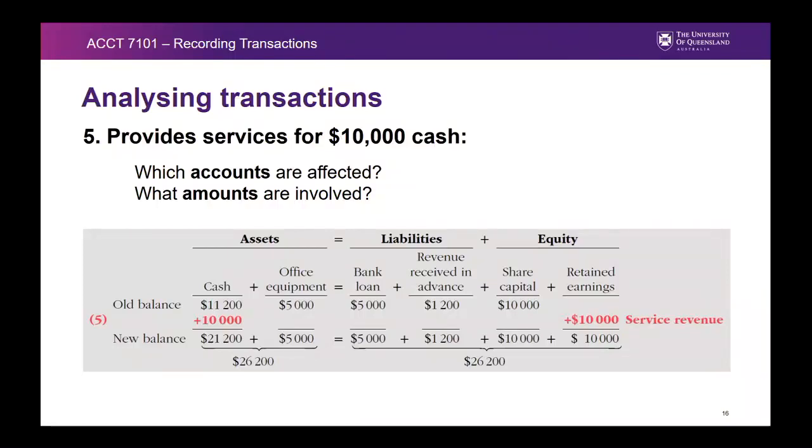And we'll look at this next week as a potential adjusting entry. When we receive money in advance, we hold it as a liability. Then when we do the work, we reduce the liability and recognise revenue because we've actually provided goods or services and we've earned income or revenue at the time we do the work or provide the goods.